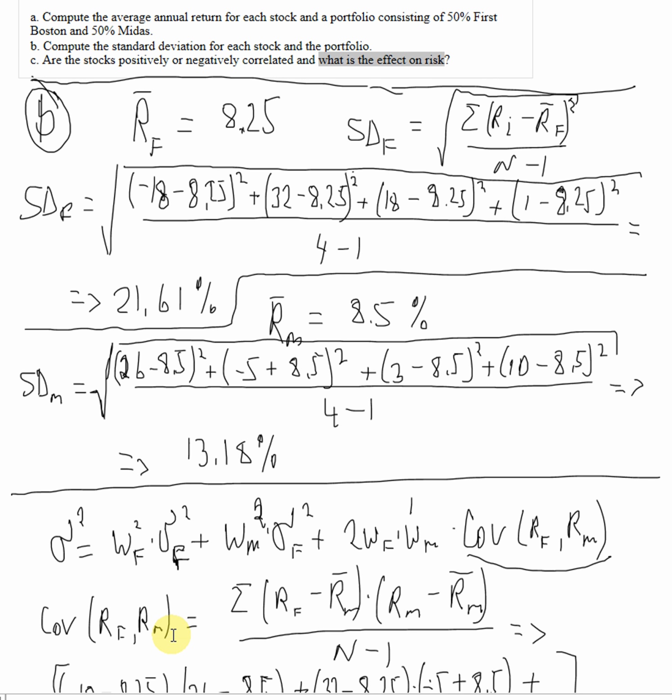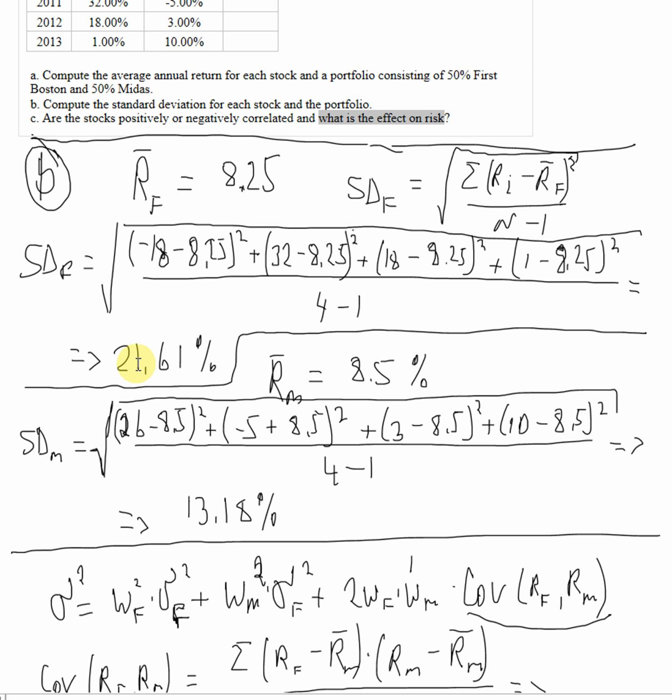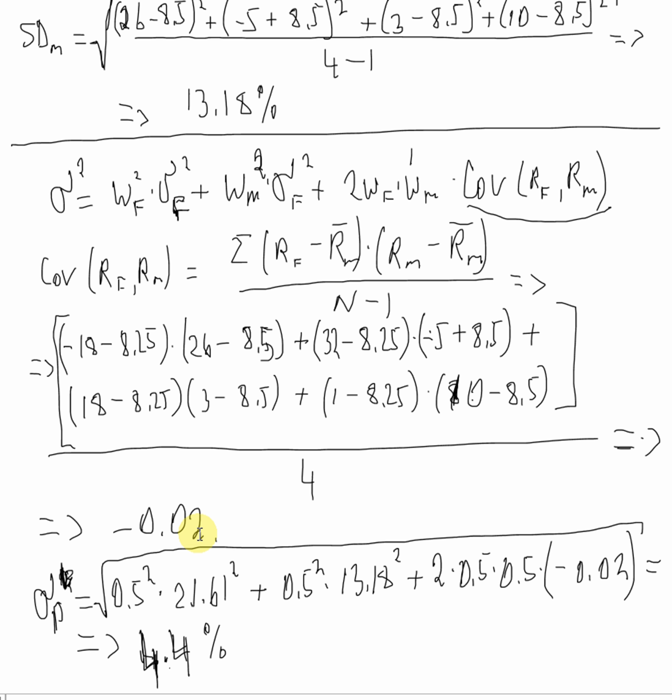So riskiness of this first stock is 21.61%. So this is the volatility. Second stock, Midas, is 13.18, again volatility. So the first stock is more volatile than the second one, but when you combine them together, the volatility comes down to this 4.4%, which is actually a very efficient portfolio. It has quite low risk in it.